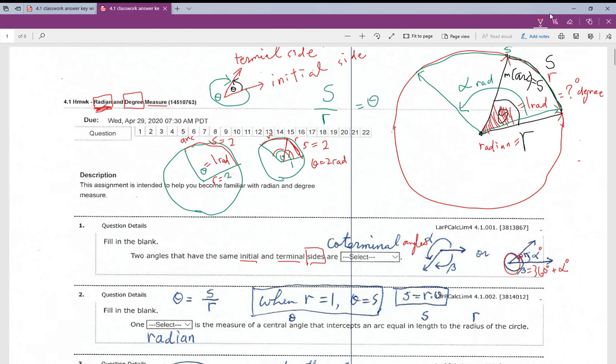R-A-D-I-A-N. Now, how do you really calculate? This is the formula. If the arc length is 2, and the length of the radius is also 2, then you have 1 radian. Now, if your open arc is 2, but your radius is only 1, then the angle will be 2 radian.